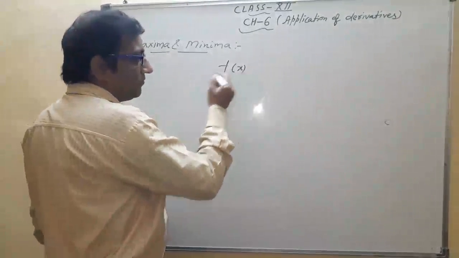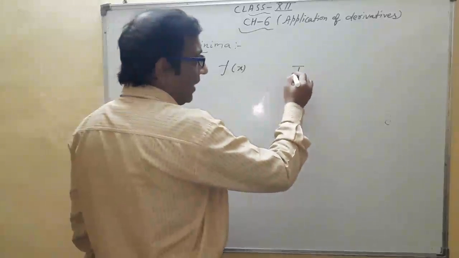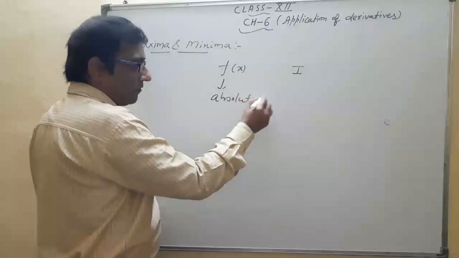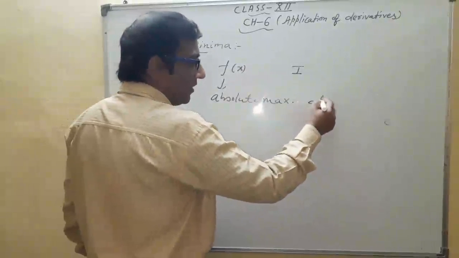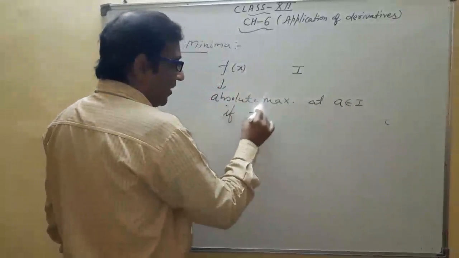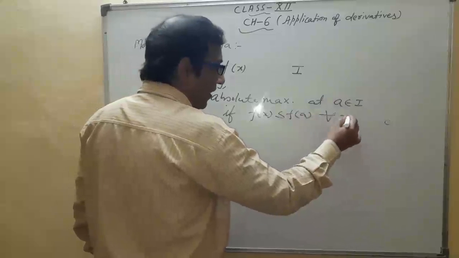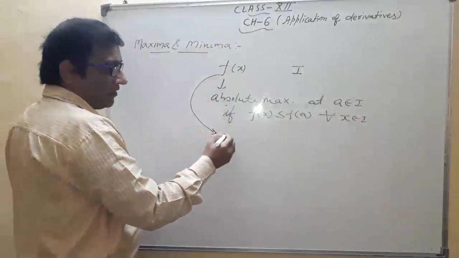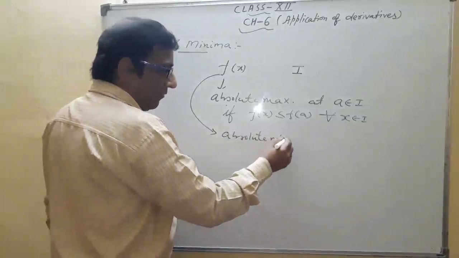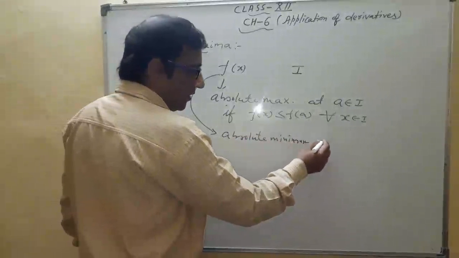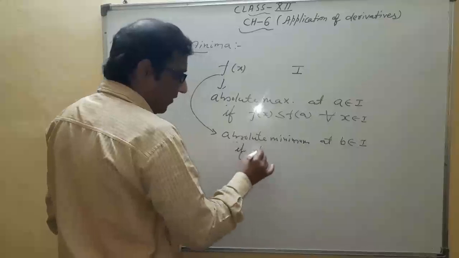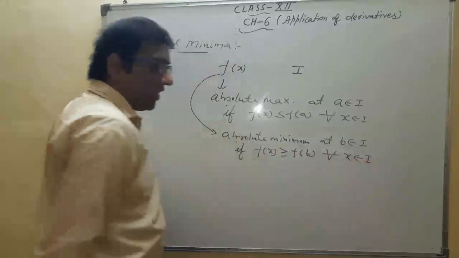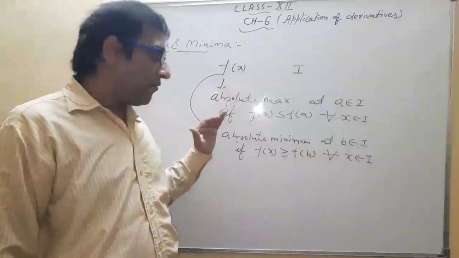So if f(x) is a function defined in an interval I, then we can say f is said to have an absolute maximum at a belongs to I if f(x) is less than or equal to f(a) for every x belongs to I. This is related with absolute maximum, and this function f(x) has an absolute minimum at b belongs to I if f(x) is greater than or equal to f(b) for every x belongs to I. So this is the concept related with absolute maximum and absolute minimum.